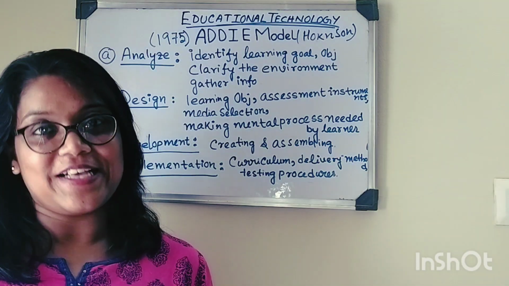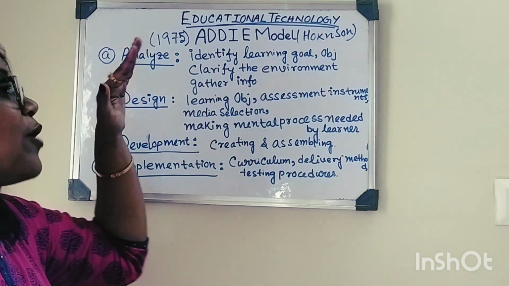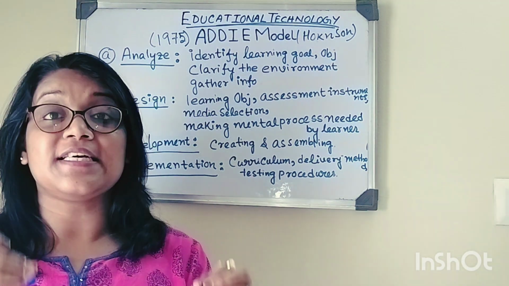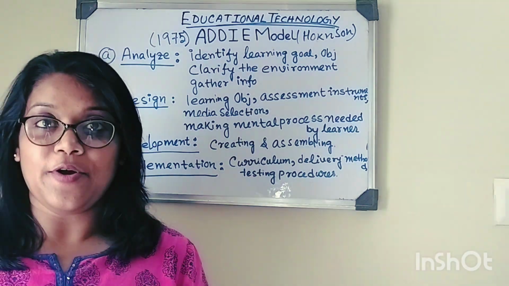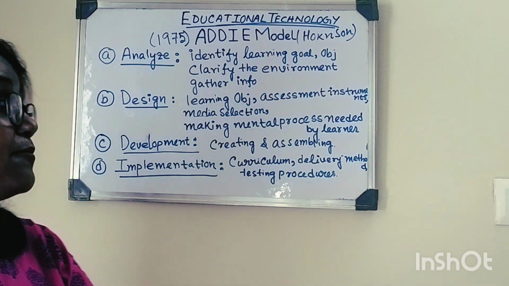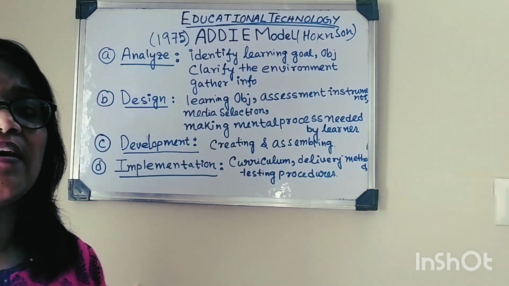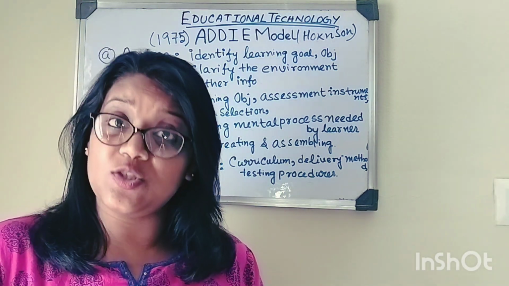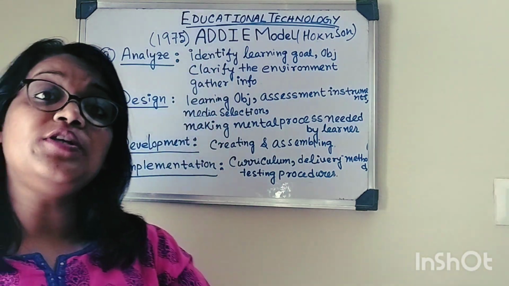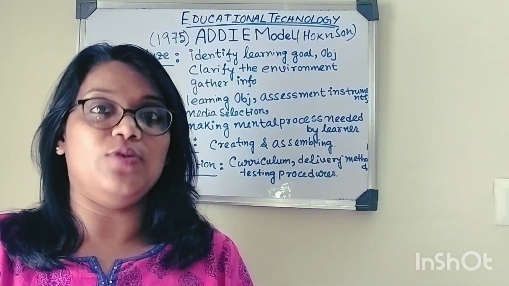Now going to the first phase of the ADDIE model, and the first phase is analyze. At this stage, you should analyze the current situation of the learner. This phase helps to identify learning goals and objectives, clarify the environment and the total current situation, and gather information about what your audience or learner knows and what they still need to learn.